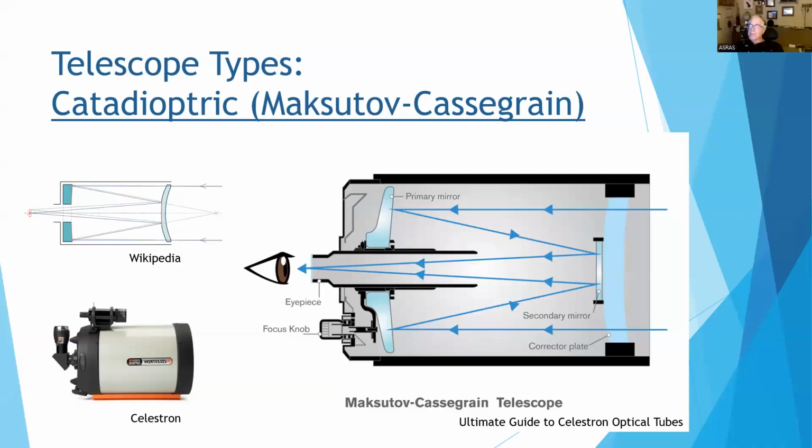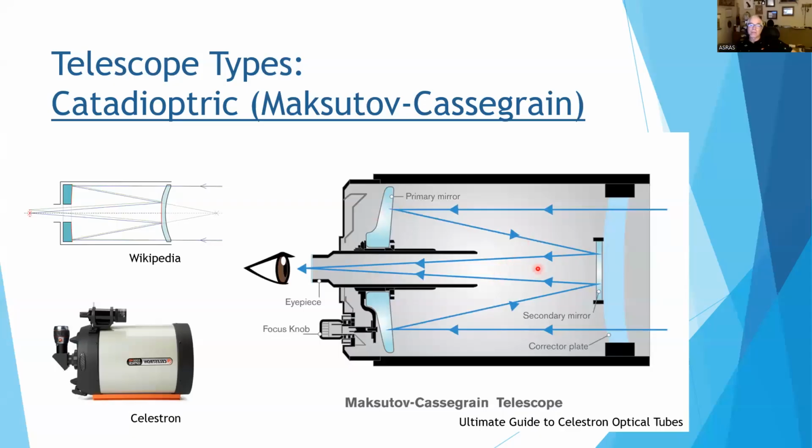I'm going to address this later on in the talk, when I talk about focal length. As it spreads the light out, it increases the effective focal length of the entire system. If it were allowed to come to a focal point here, that would define the focal length from here to here.